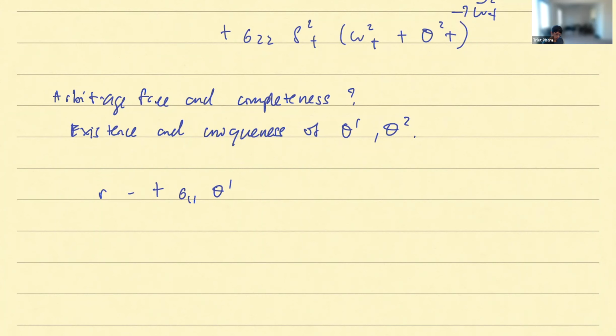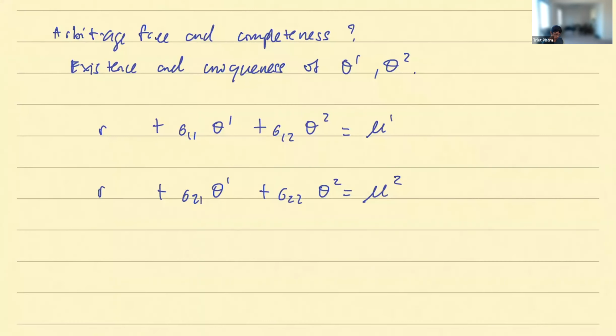Plus sigma 1 2 theta 2 is mu1. r plus sigma 2 1 theta 1 plus sigma 2 2 theta 2 equals mu2, which by the way is a what? A lovely linear system.